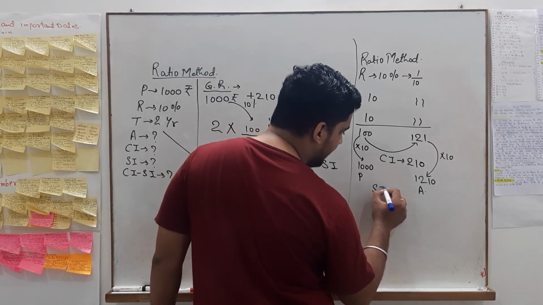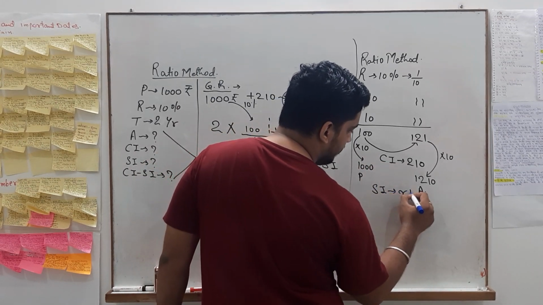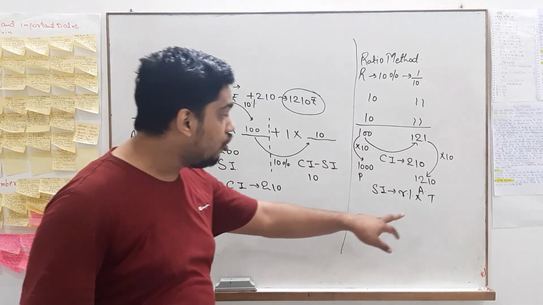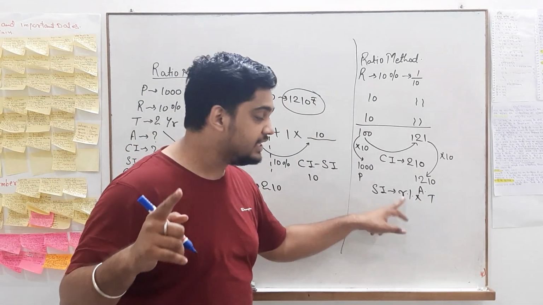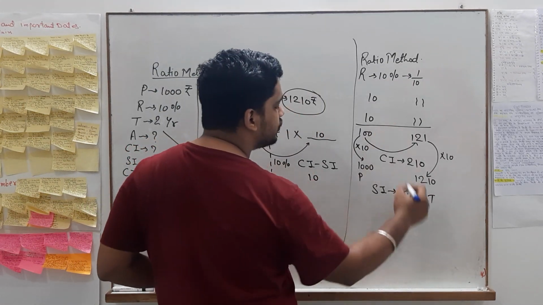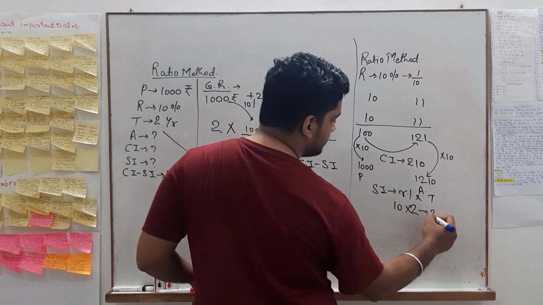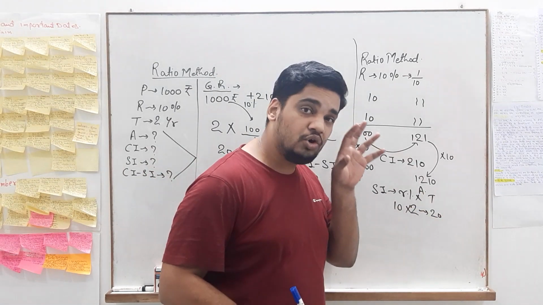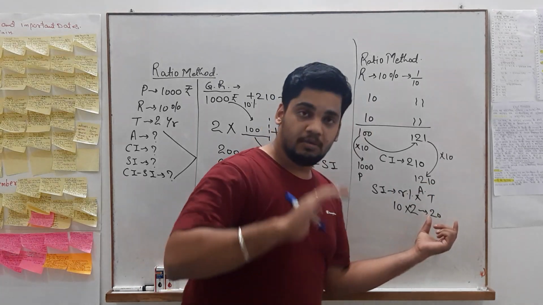Now guys, what will be the SI of it? R percent into T. We have already discussed this formula, right guys? So R percent is 10, T is 2. So it will become 20, and this is the ratio. This is not the simple interest, this is the ratio.